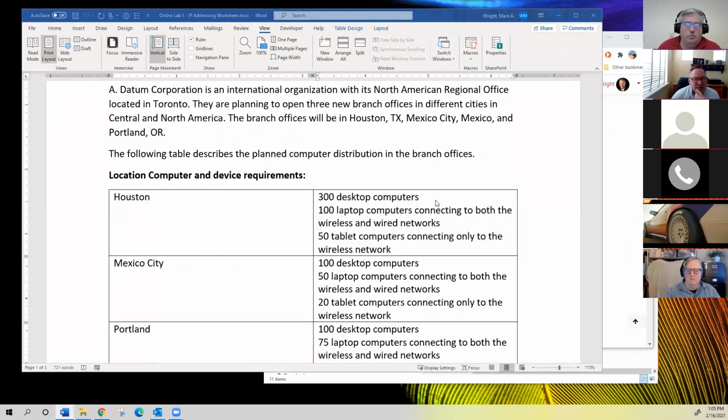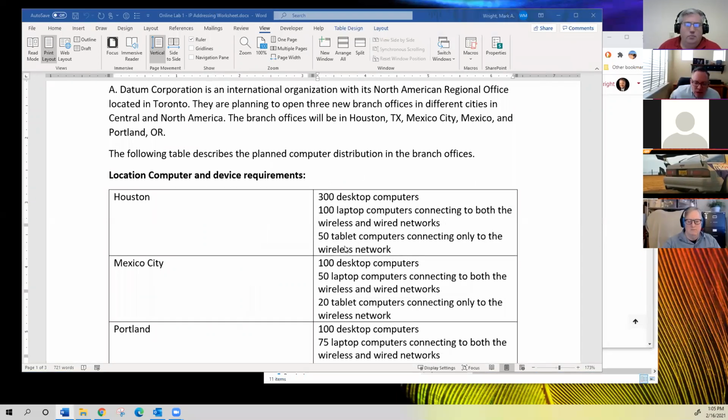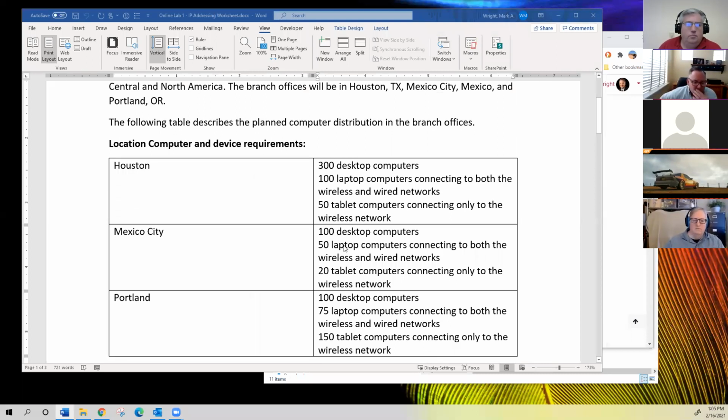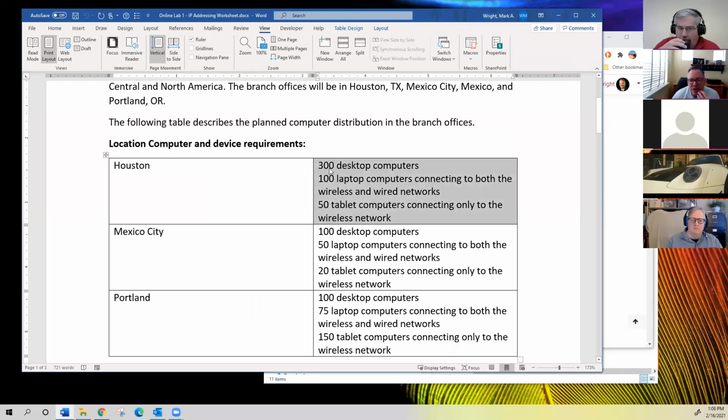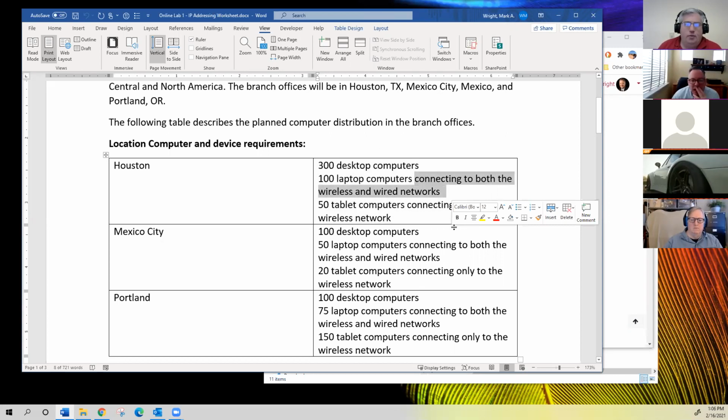So here we have Houston, Mexico City, and Portland. You are the network engineer. You need to determine how you're going to subnet these 3 different offices. Houston has 300 desktop computers, 100 laptop computers, connecting to both the wireless and wired networks, and then 50 tablet computers only to the wireless network.